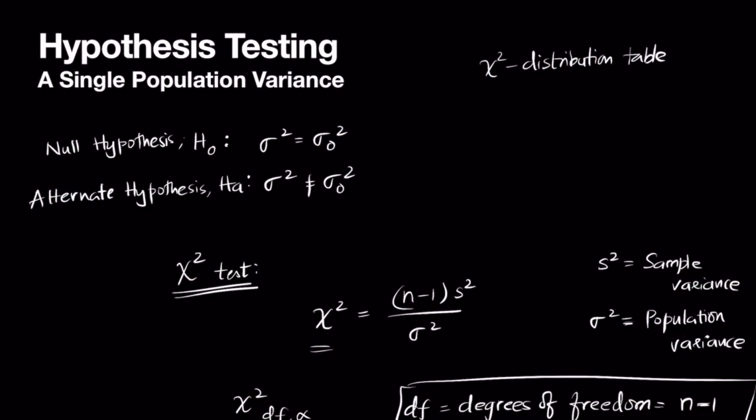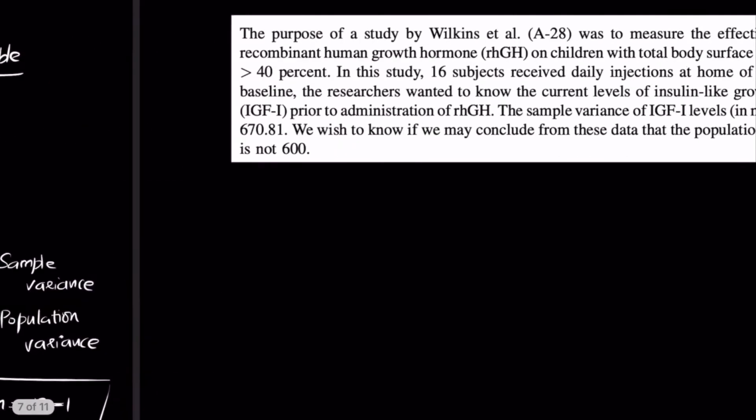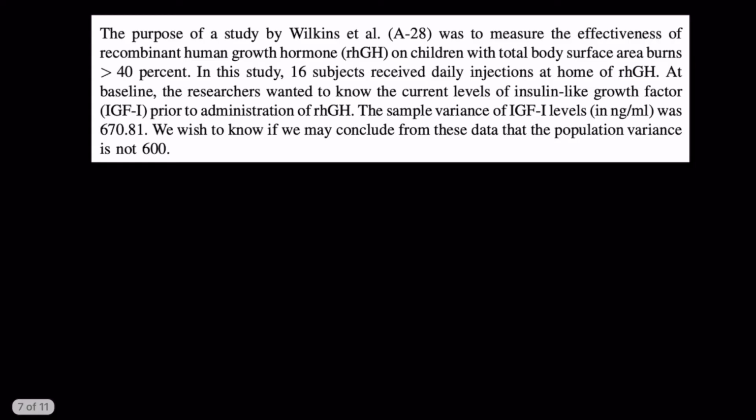So let's take a simple example of this problem and let's understand the question from the problem itself. The purpose of the study by Wilkins was to measure the effectiveness of recombinant human growth hormone, or HGH, on children with total body surface area burns greater than 40%.